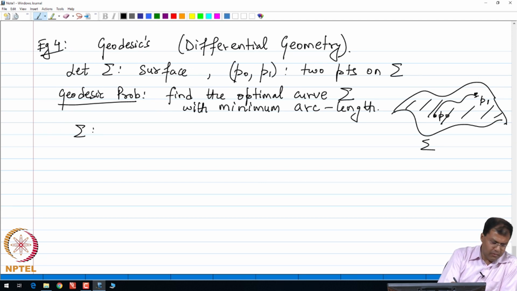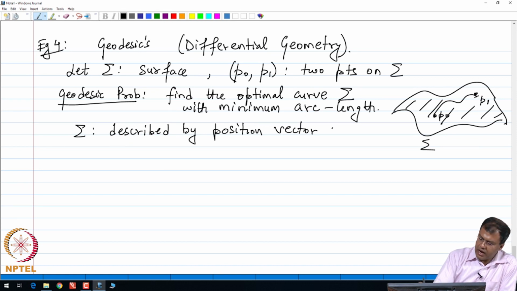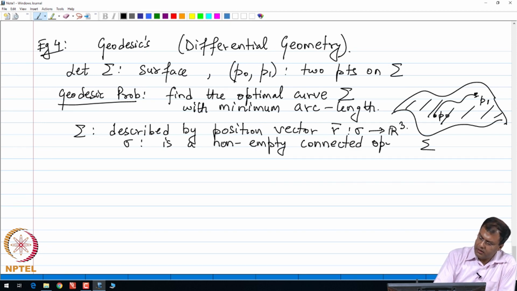Let us say we denote sigma by the position vector r from small sigma to R cubed, where in terms of notation my small sigma is a non-empty connected open set, or I would say a subset of R2.